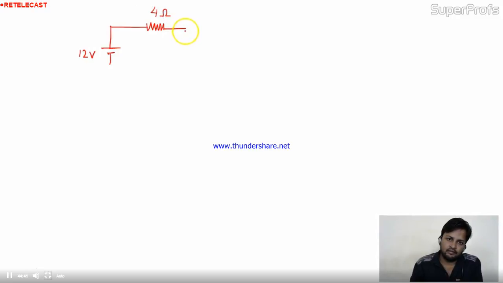Next, a dependent voltage source whose value is given as 2V0. Do you remember which type of dependent source this is? Voltage controlled voltage source.